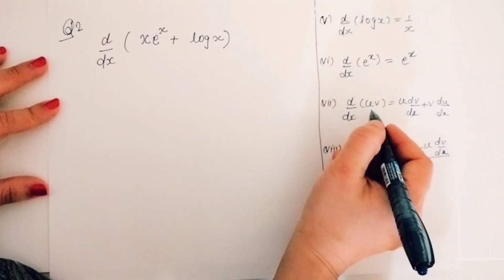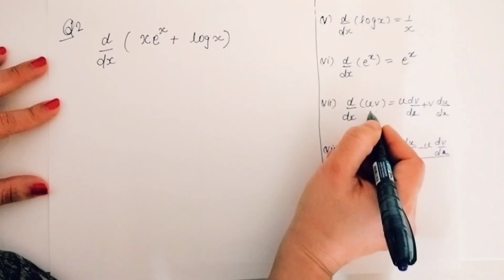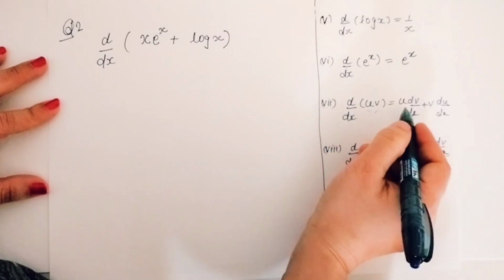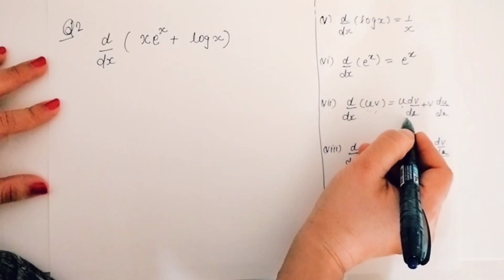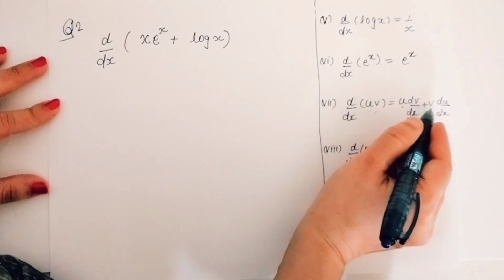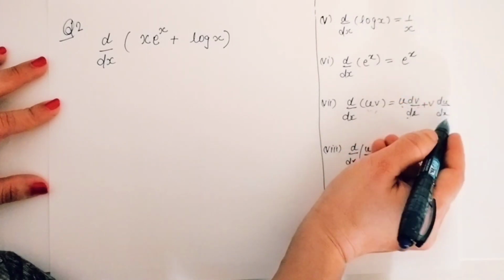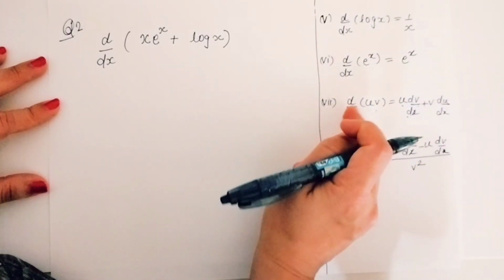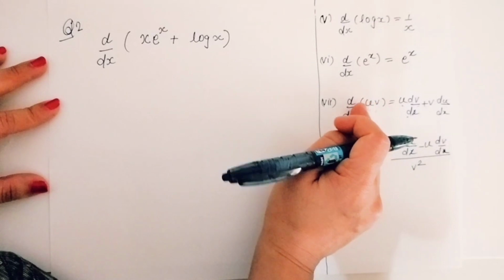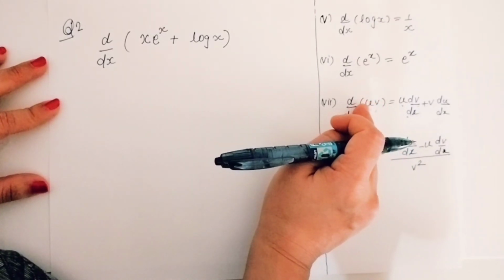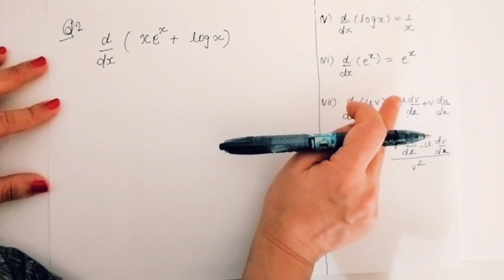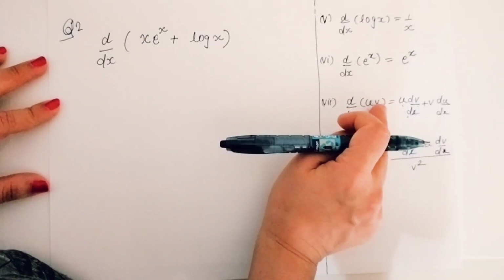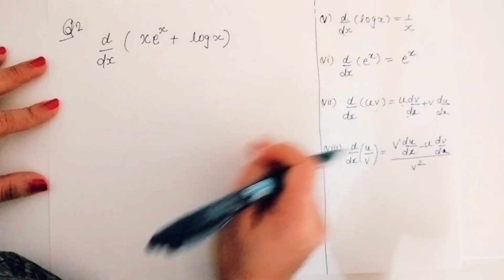Now, what if we have the product of two functions, u and v? Then you write the first function and differentiate the second function, plus the second function and differentiate the first function. So we need to differentiate both functions: we write the first as it is and differentiate the other, and then write the other as it is and differentiate the first one.